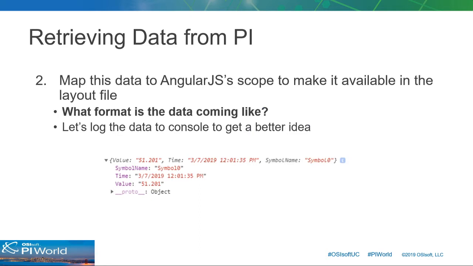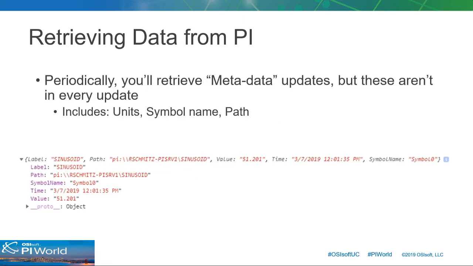We noticed that most updates are just that symbol name, that value, and the time for the tag or the attribute that we've associated with the symbol. And that periodically we're getting these metadata updates that'll include other information like units in the case of AF attributes, or the path, the actual tag or attribute name.